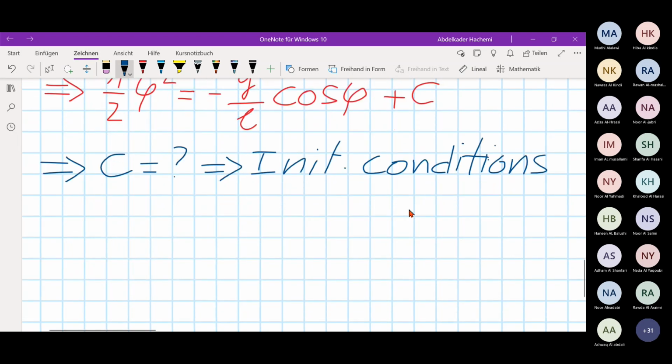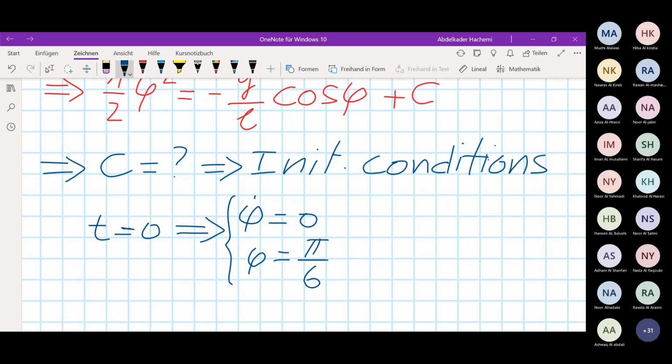What we know is that at time t equal to 0, phi dot is equal to 0 and phi is equal to pi divided by 6.